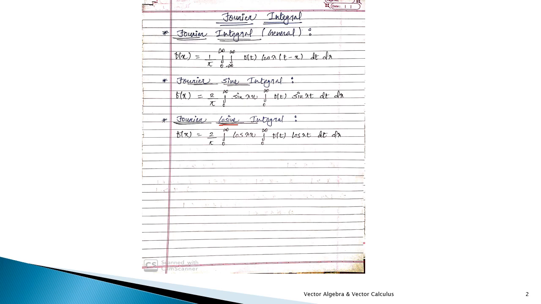Now here you can see that I have given the formulas for these integrals. The first one, I'm starting with its general formula: f of x equals 1 upon pi, integration from 0 to infinity, and another integration from minus infinity to infinity of f of t, that is the function, into cos lambda of (t minus x) dt d lambda.